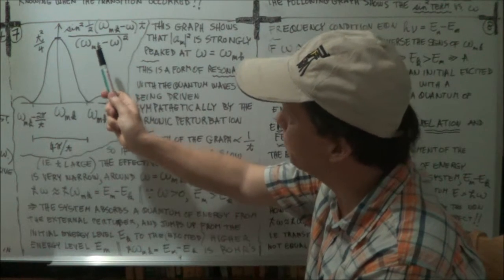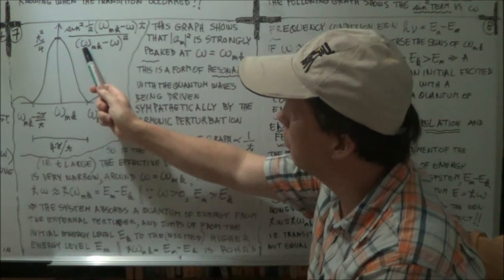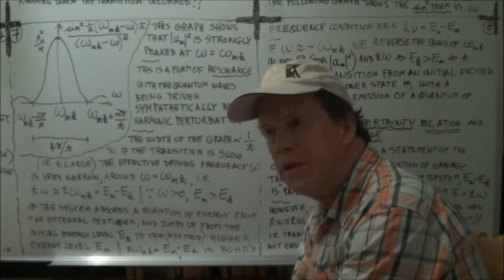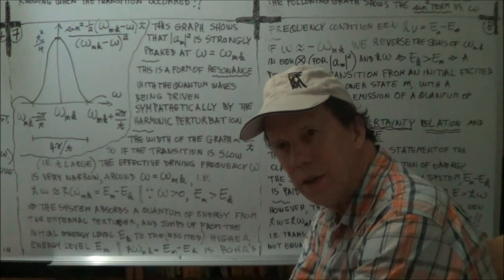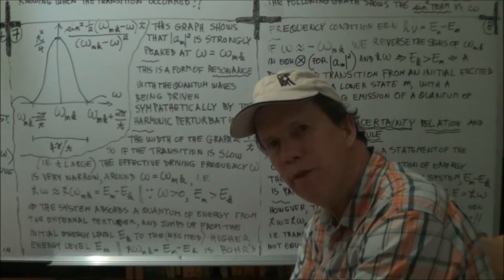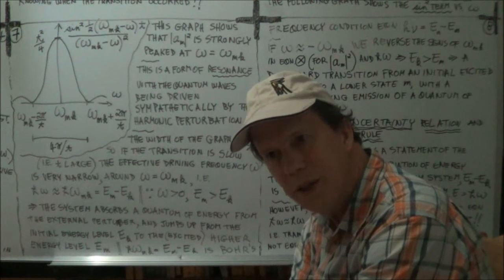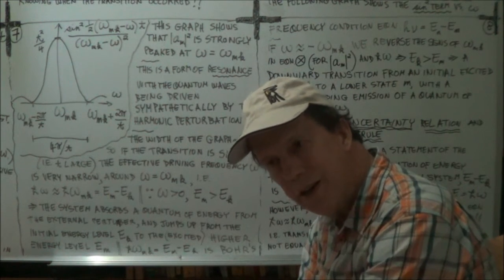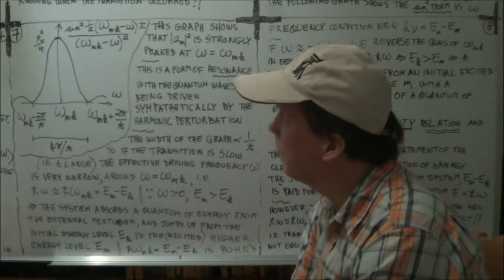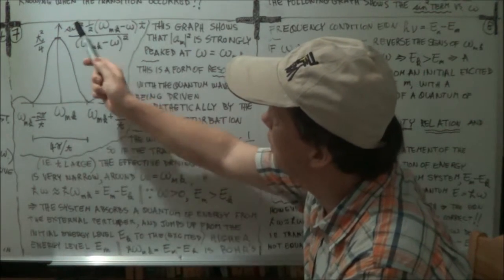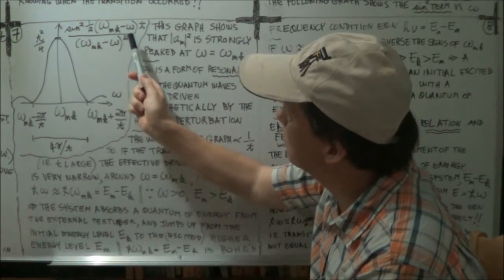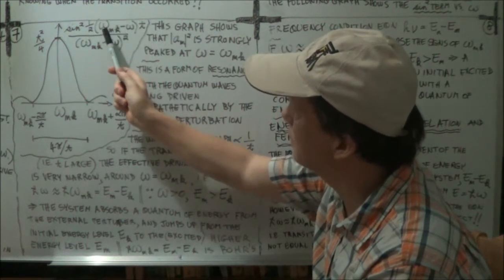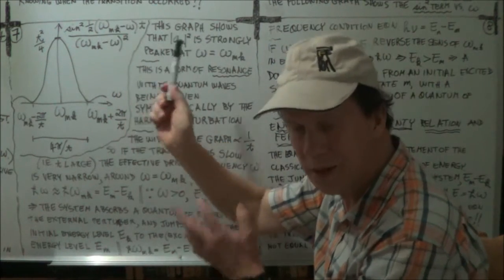Now, when omega is very close to omega mk, you can estimate what this is. Remember, I suppose you did it in calculus: if x is very small, then sine x is almost equal to x. So you can approximate sine of x as just x when x is very small. Let x be omega mk minus omega, and x is small.